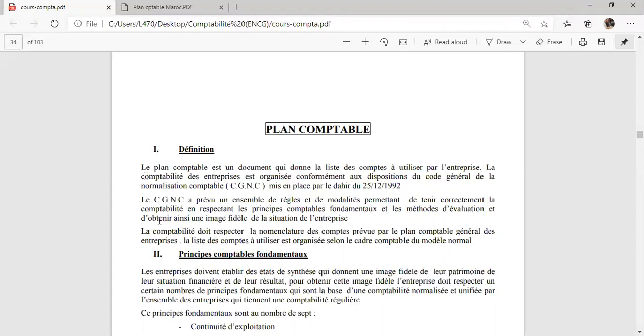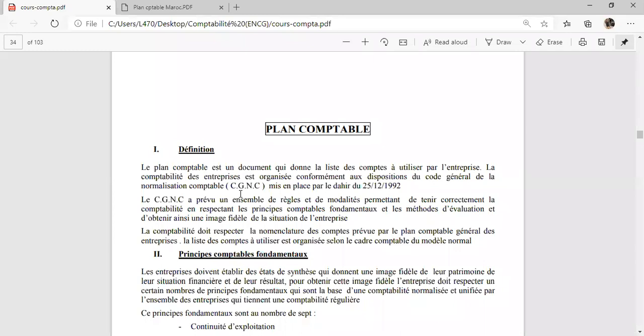Then this whole passage simply talks about the CGNC, which is also another document. So this CGNC is a document which contains the rules and the regulations of accounting according to the Moroccan standard.